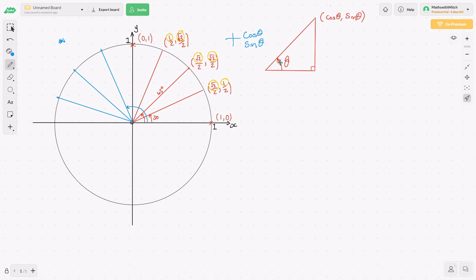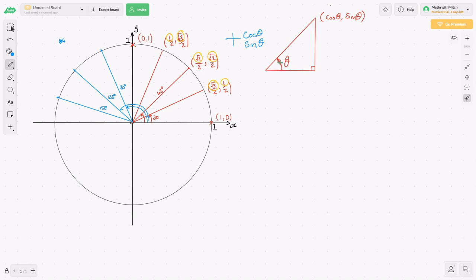So we're now looking at 90 plus 30. So this first one would be 120 degrees. The second, 90 plus 45, so we're talking about 135 degrees. And the final one is 90 plus 60, so 150 degrees.